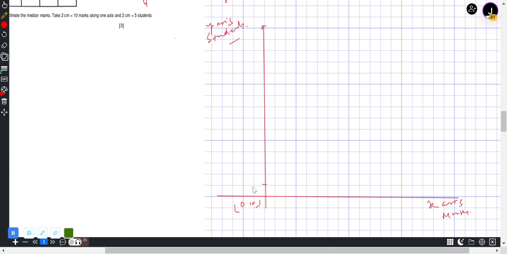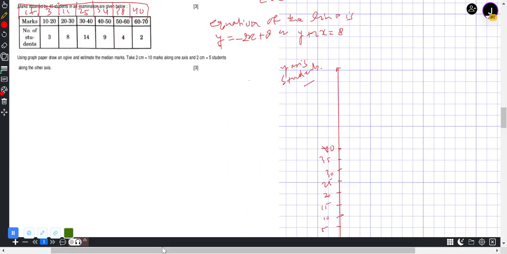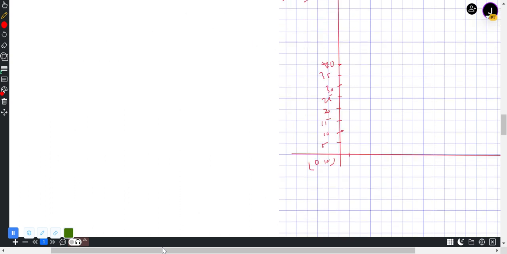So we have 5, 10, 15, 20, 25, 30, 35, 40. On this side we have to go up to 70, so we'll take 10, 20, 30, 40, 50, 60, 70.